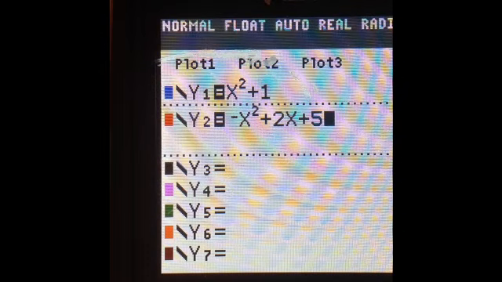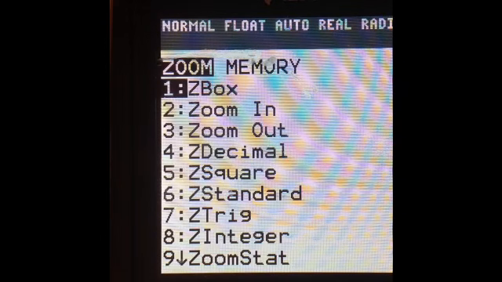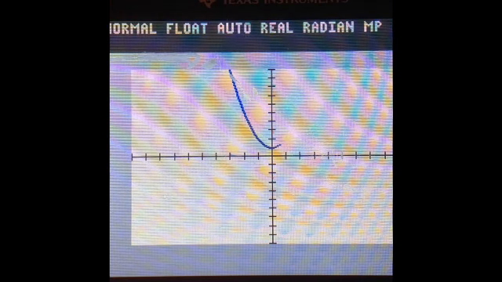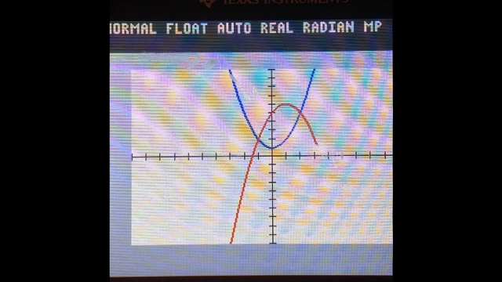So our two curves are right here, and we're going to graph. And so we're going from x equals 0.